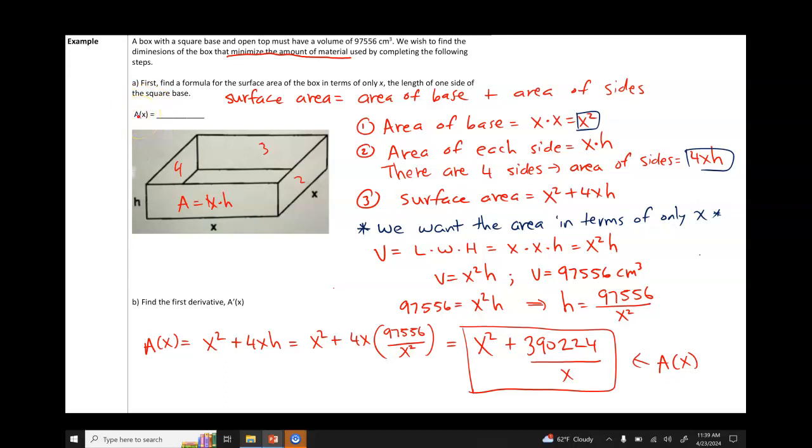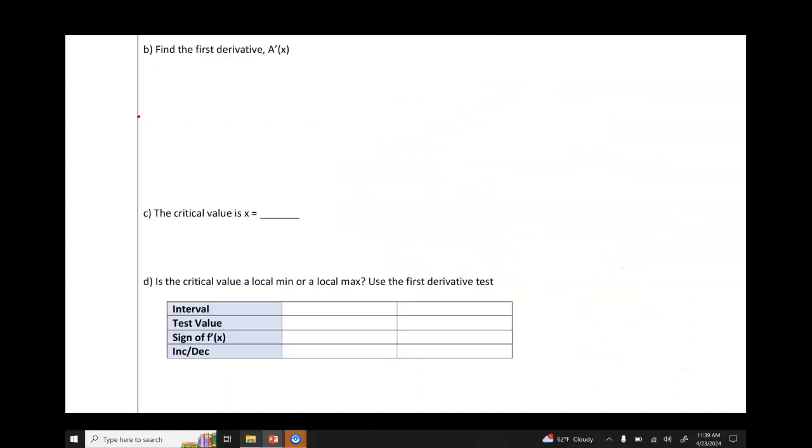And now in part B, we need to find the first derivative. Okay, so to find the first derivative, we have our area, which is x squared plus 390,224 over x. But in order to make this ready to differentiate, the x has to go to the numerator. So we're going to rewrite this as x squared plus 390,224 x to the negative first.